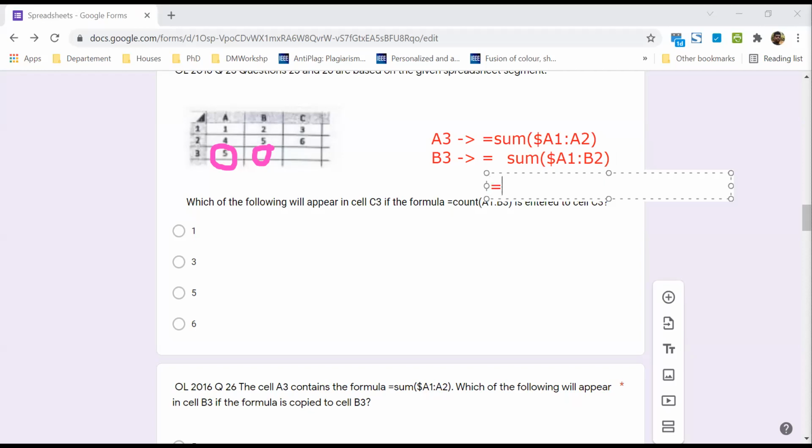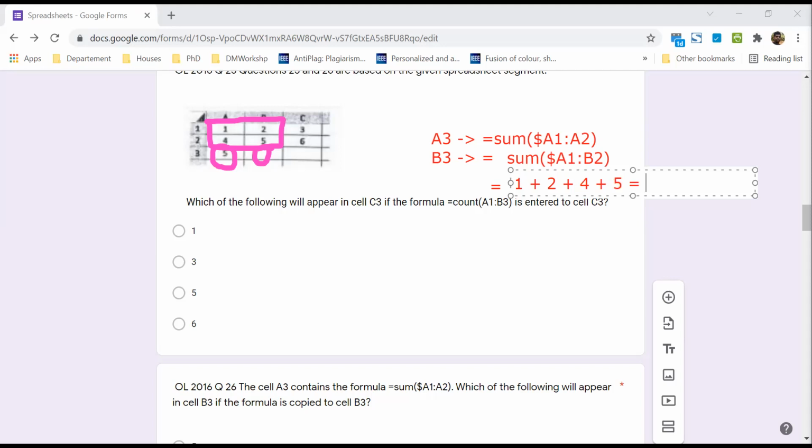So SUM A1 to B2 means summation of A1 to B2. So that means this whole range, isn't it? A1 to B2. Right? So that means 1 plus, we have 1 plus 2 plus 4 plus 5.